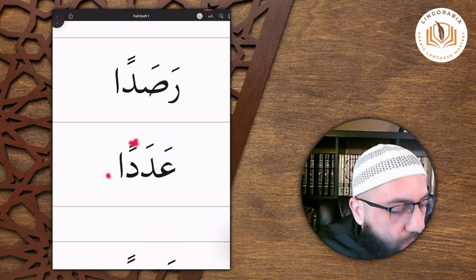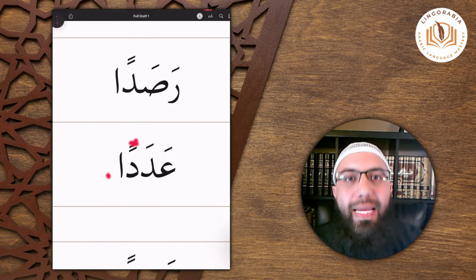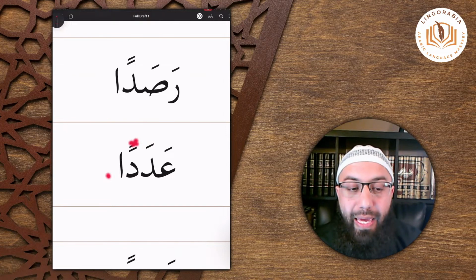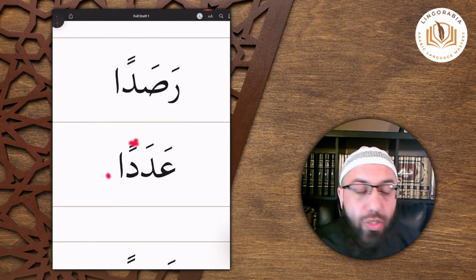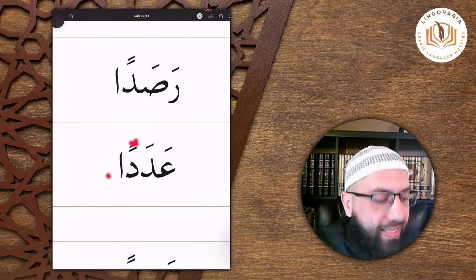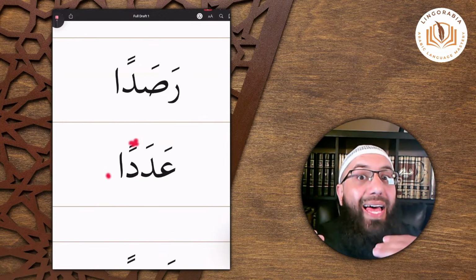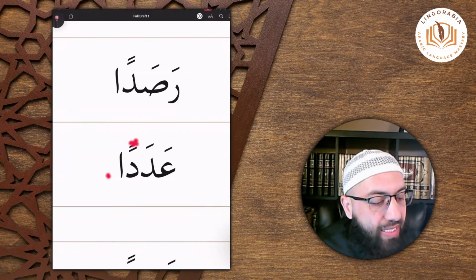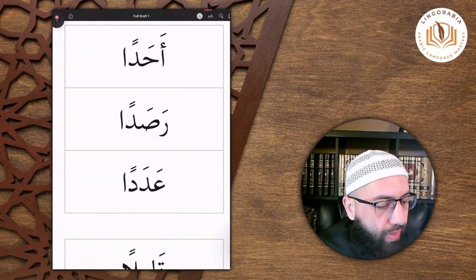You ignore the tanween. You don't pronounce the n at the end. The n is only meant in the middle of the sentence. So when this word is positioned in the middle of a sentence, then you say "adadan". But other than that, you say "adada". That's when this is the last word which you pronounce.